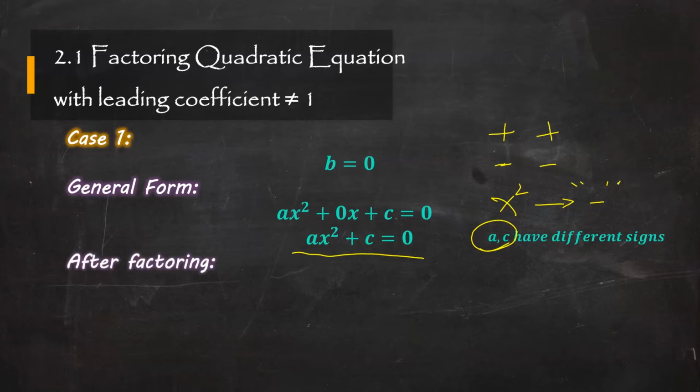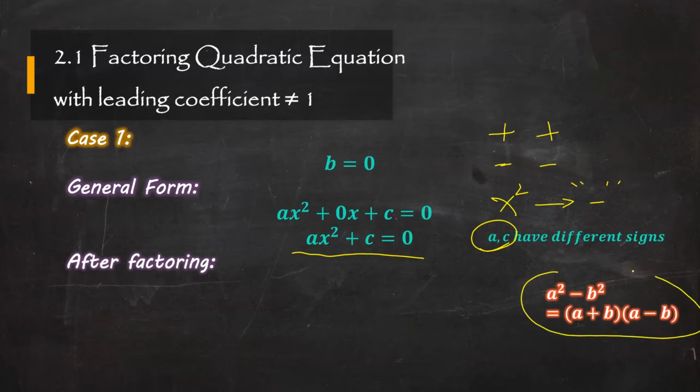Now, how would we factor this equation? This is the same formula as in the previous video: x squared minus b squared equals (a plus b) times (a minus b). Here we can do a little adjustment for the two terms.